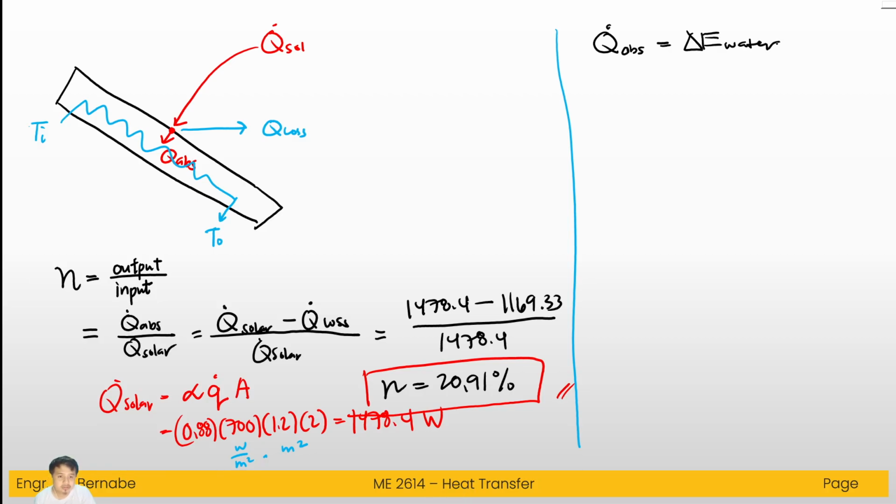So Q abs is equal to Q solar minus Q loss. So this will be 1478.4 minus Q loss.